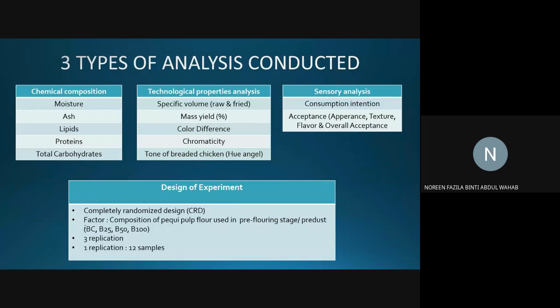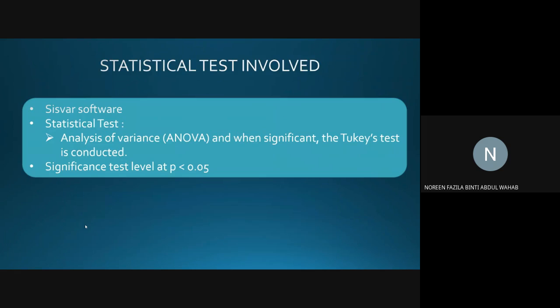And this research used 3 replications, and for each replication there are 12 samples. For BC, 3 samples, B25, 3 samples, B50, 3 samples, B100, 3 samples. So overall for each replication comprised of 12 samples.